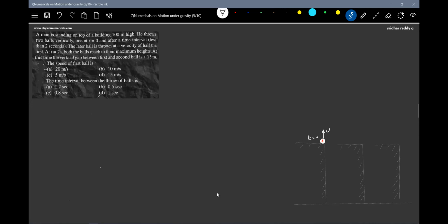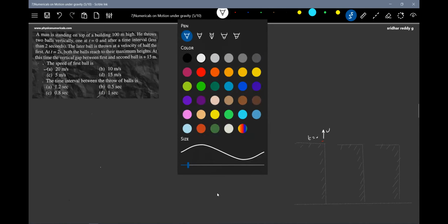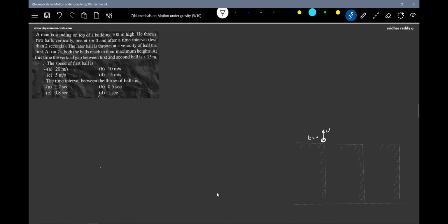Okay, then the second ball, I'm going to throw it. Ball 1 we will take. This is ball 1. The second ball, I'm going to throw with a velocity half of the first ball.